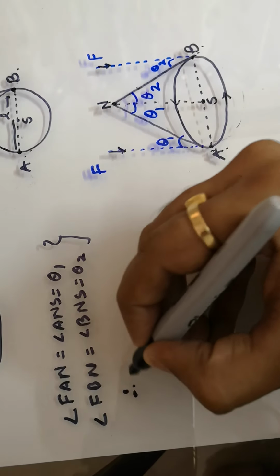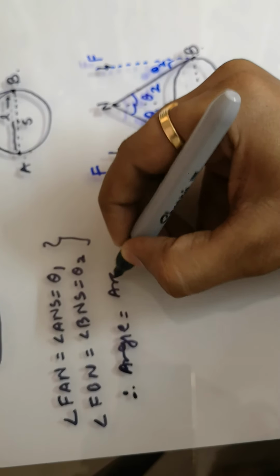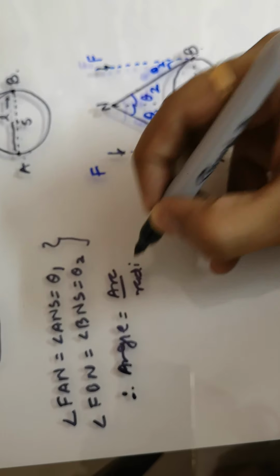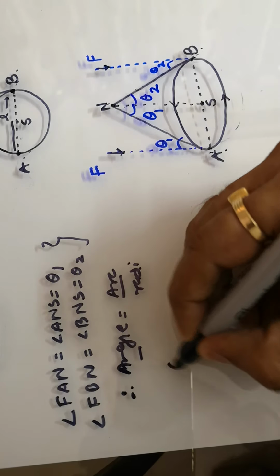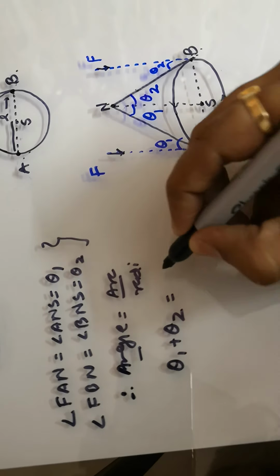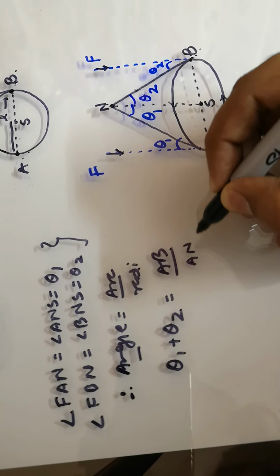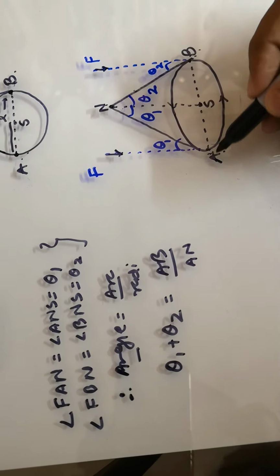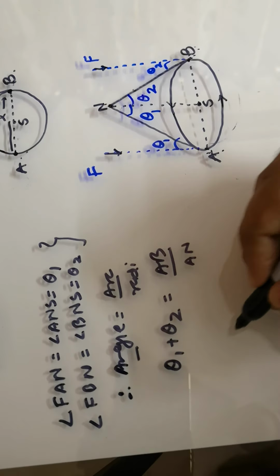I am using my formula, angle equals arc by radius, but I am using the larger angle, that is, theta 1 and theta 2 together. My arc is AB and the radius is AN. You can see that my distance AB passes through the midpoint, the Sun.